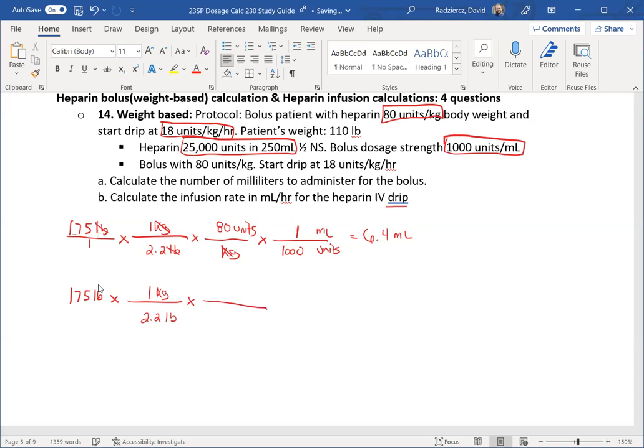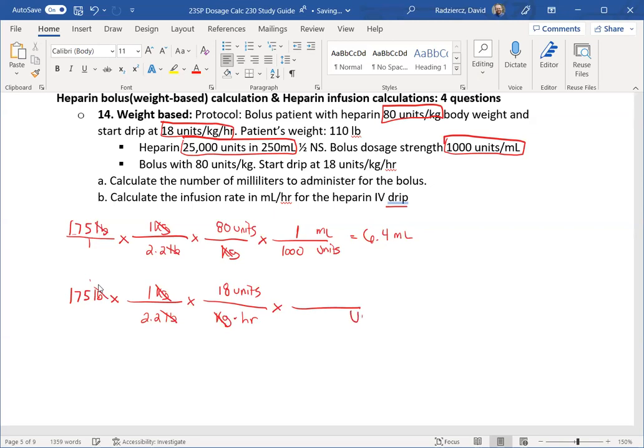Instead of the bolus dose of 80 units, I am going to do now 18 units, and that's per kilogram per hour. So we got rid of pounds, got rid of kilograms. And then I'm going to do what I did in the previous question that I went over, converting units per hour to milliliters per hour.